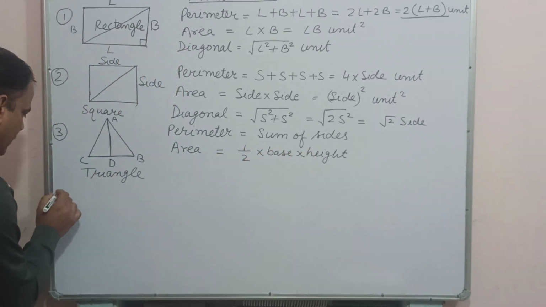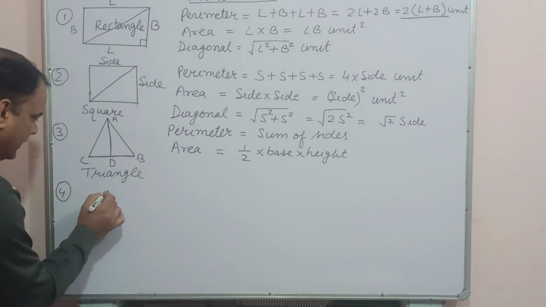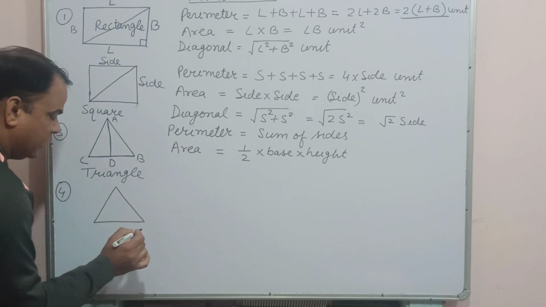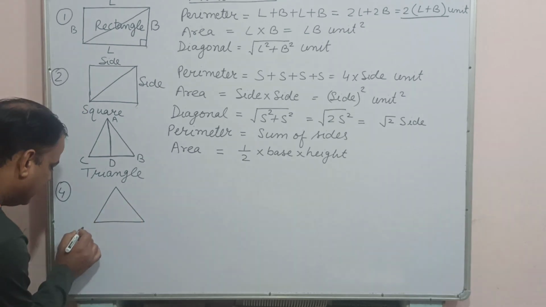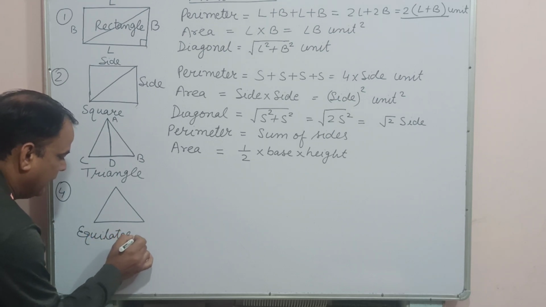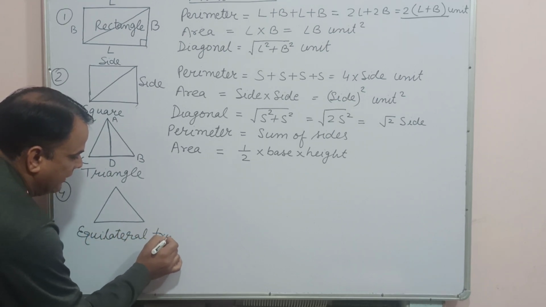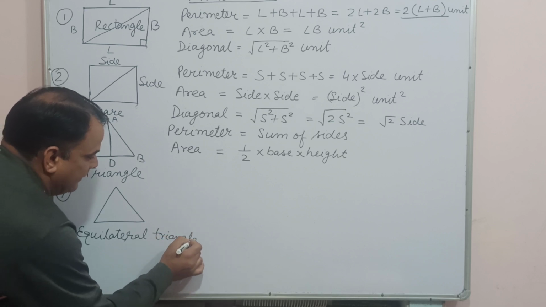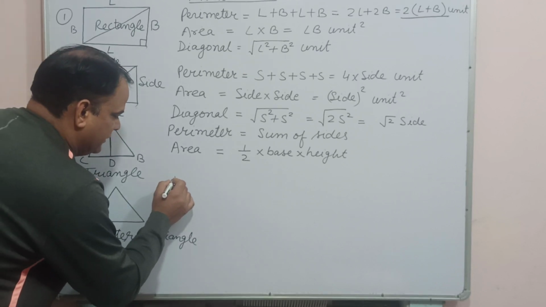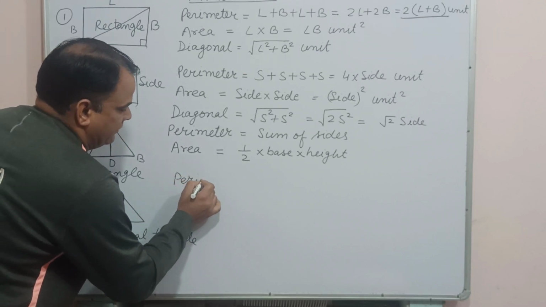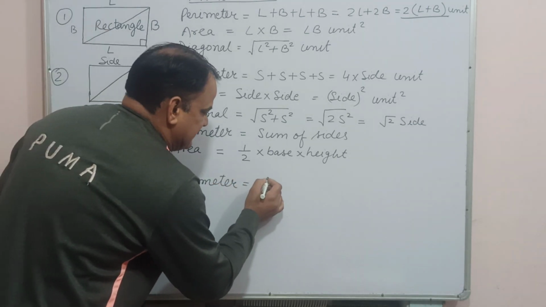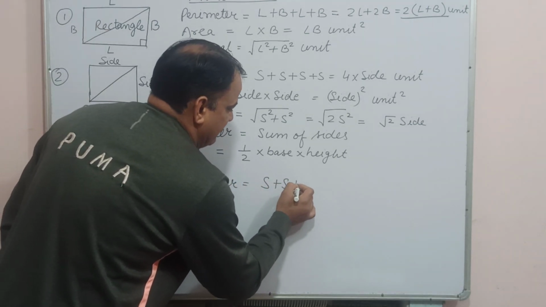Now we will discuss one more type of triangle, that is the equilateral triangle. In an equilateral triangle, all sides are equal, so we can say that the perimeter will be side plus side plus side.